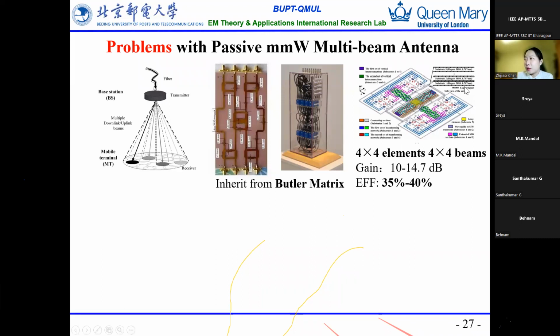Usually they have a very large feeding network because they use the same feeding network as the pattern matrix. So even though they achieve multi-beam performance, their gains are degraded because their efficiencies drop a lot. For example, for these 4x4 elements with 4x4 beams, the efficiency is only 35 to 40%.